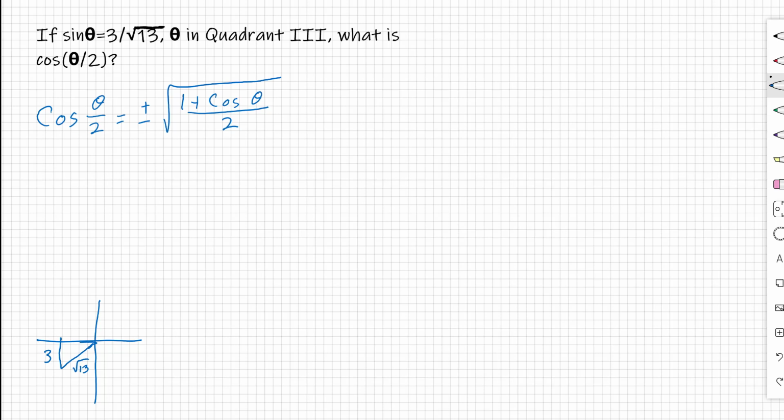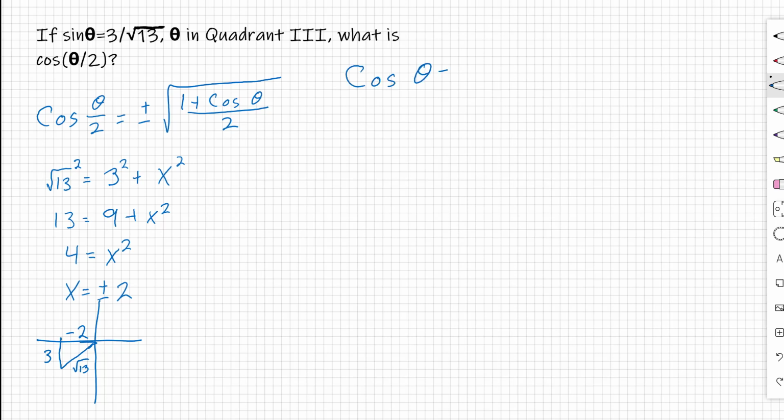Pythagorean theorem says that the square root of 13 squared is equal to 3 squared plus, we'll call it our x value squared. That gives us 13 equals 9 plus x squared. 4 equals x squared. So x is going to be plus or minus 2. And since we're in the third quadrant, or since we're on the left side of the graph, we know that x is going to be negative 2. So cosine of theta is negative 2.